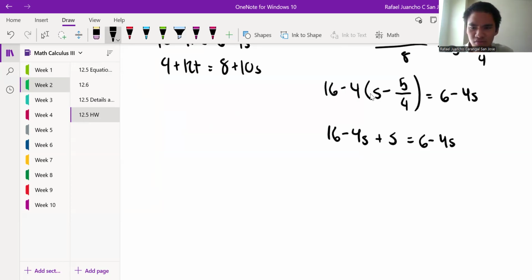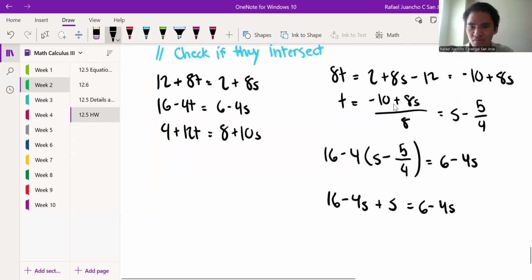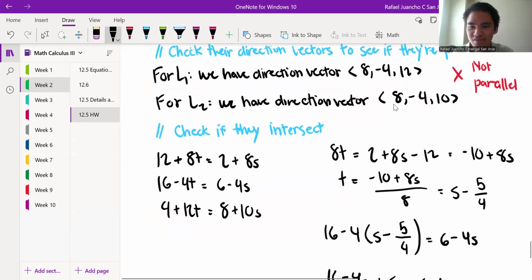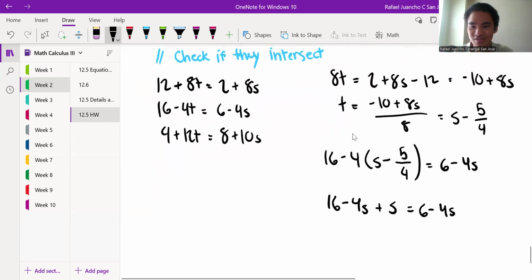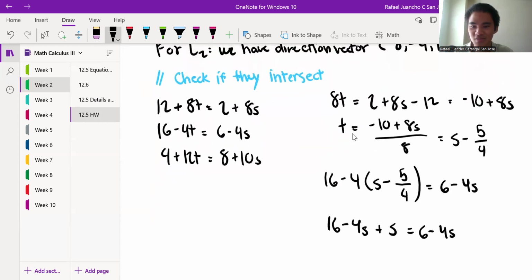We got 0. Wait, we got 0? I just realized. So this doesn't work? Huh, or did I mess up my computation somewhere?